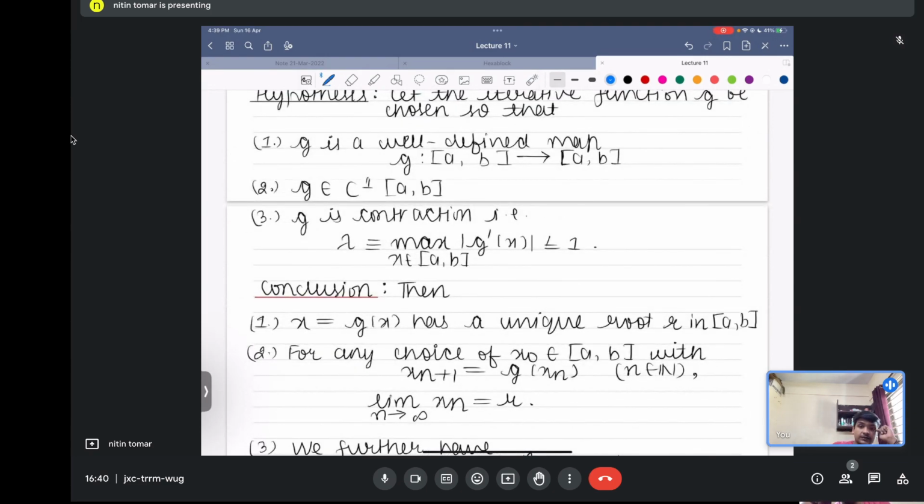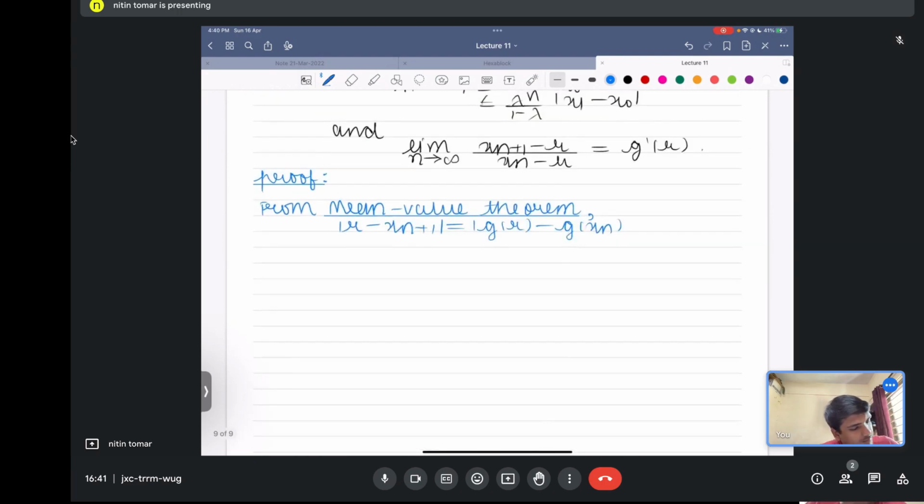The question is, okay, let us first prove the existence of a root.